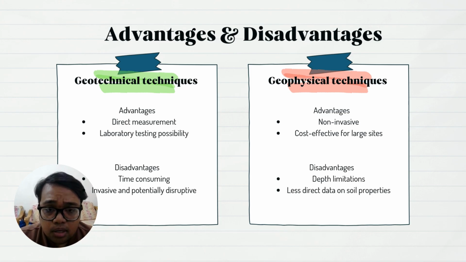The disadvantage that we get from this method is it's very time consuming, because we are taking samples from each area, so that's why it's time consuming. This method also is invasive and potentially disruptive because for some methods they are using explosive materials.